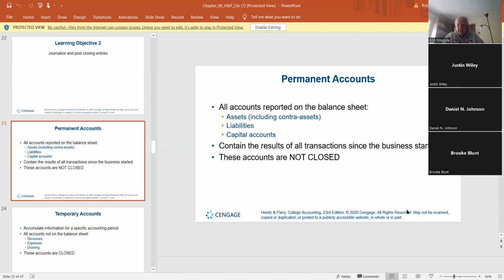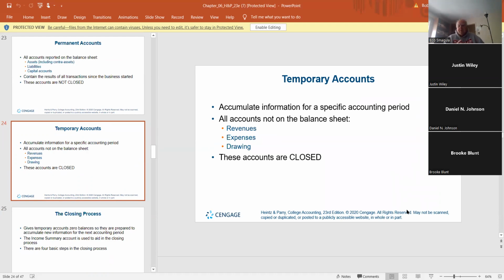Assets, liability, and capital. Those are considered permanent accounts. We don't close them at the end of the month like we do with the revenues and expenses. So permanent accounts represent the balance sheet. Assets, liabilities, capital. You never close them, okay?